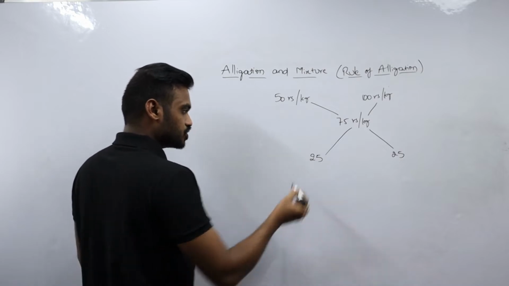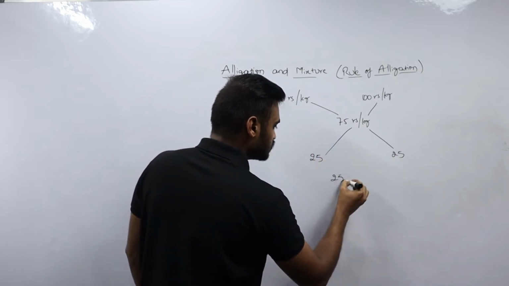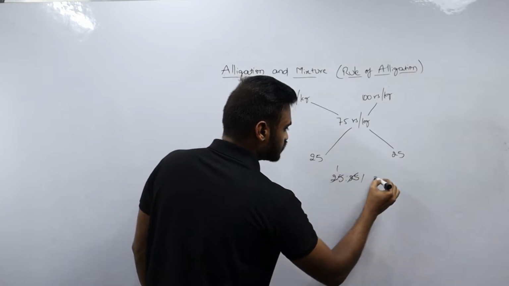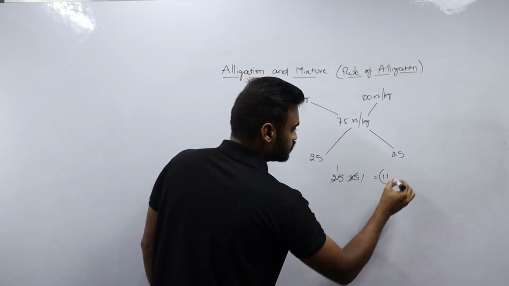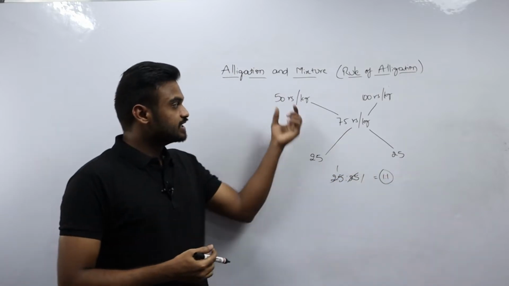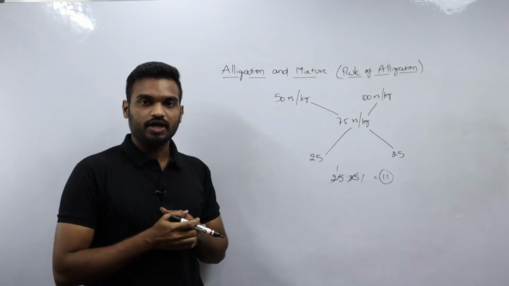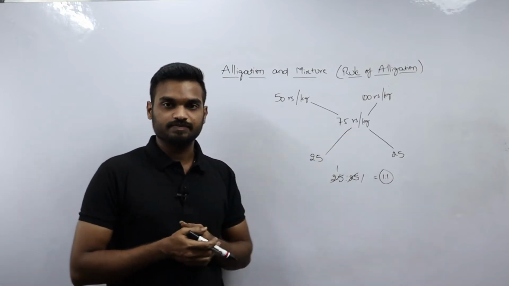Now what is the ratio? 25 is to 25, that is 1 is to 1. So I need to mix both quantities of rice in the ratio of 1 is to 1 such that the resultant quantity is worth 75 rupees per kg.